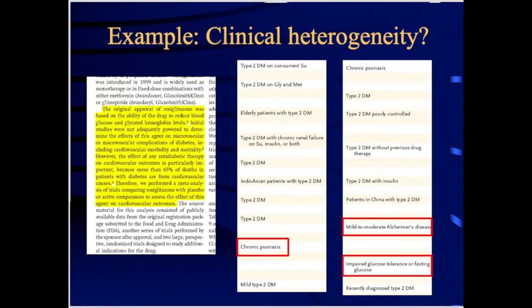Here's an example of clinical heterogeneity. This is from the meta-analysis by Nissen and colleagues from the New England Journal of Medicine that was looking at rosiglitazone and cardiovascular mortality. Based on the introduction, we anticipate that the studies included in this meta-analysis include patients with type 2 diabetes who used rosiglitazone. However, when looking at the actual included populations, you can see that other populations, such as those with chronic psoriasis, Alzheimer's disease, or impaired glucose intolerance, were included.